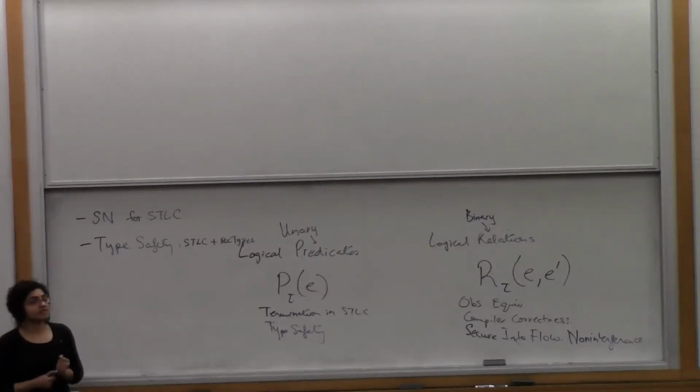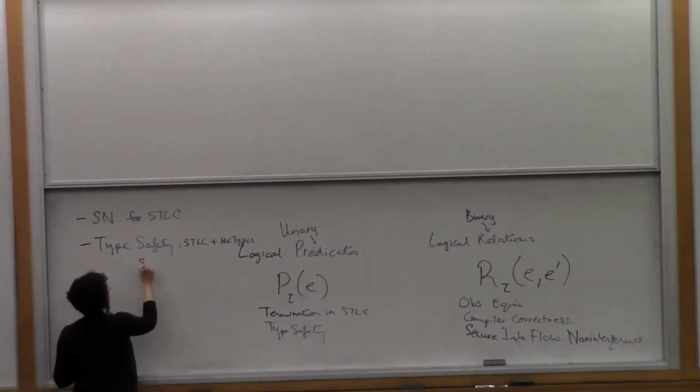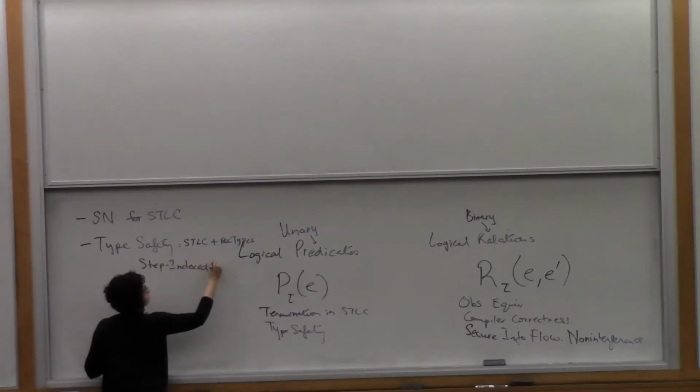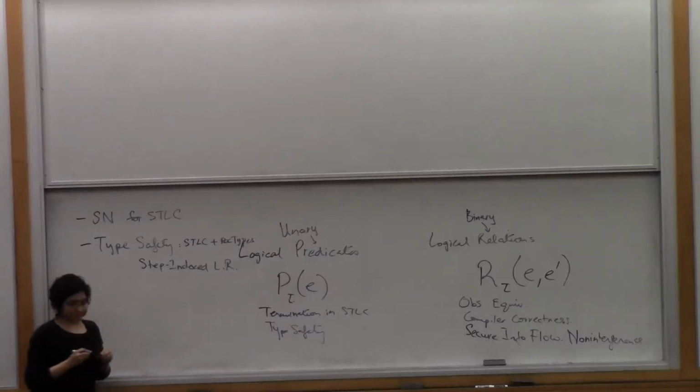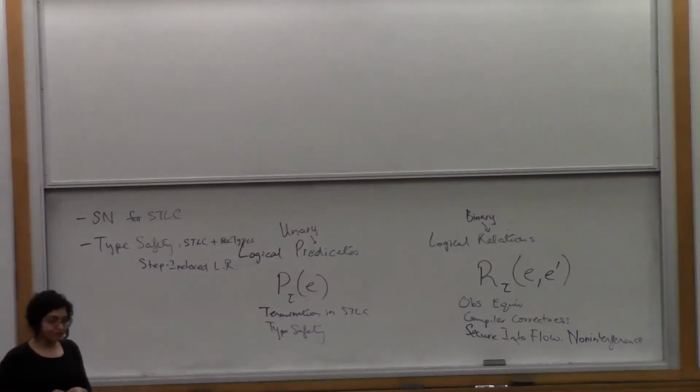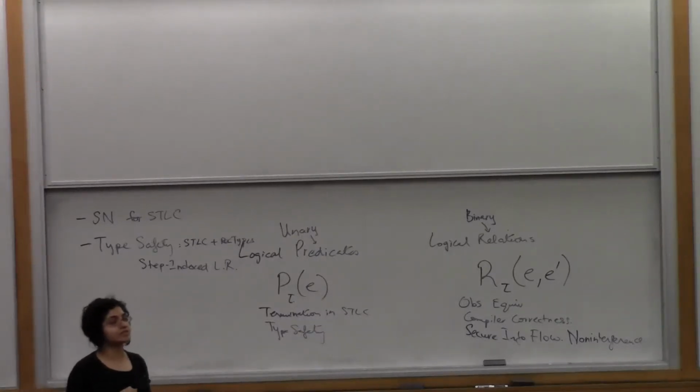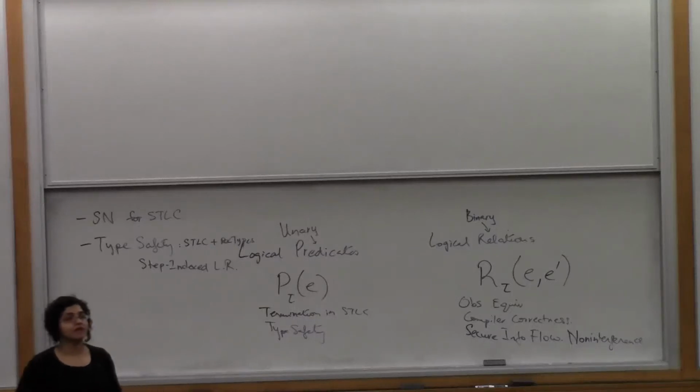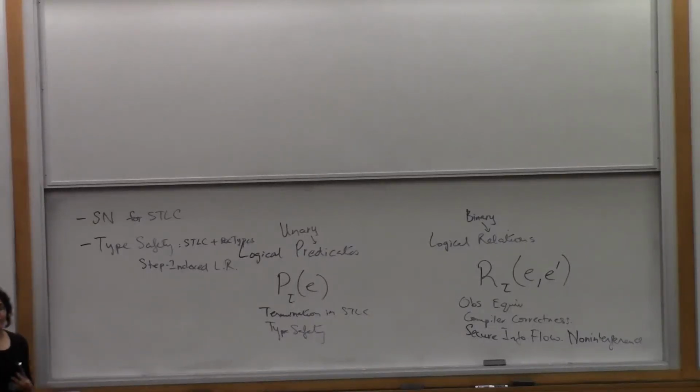All right? Step indexing has been used. Step indexing is a form of logical relations that's been used with a lot of success in many, many different settings. Basically, anytime you run into certain forms of circularities, this comes in handy.